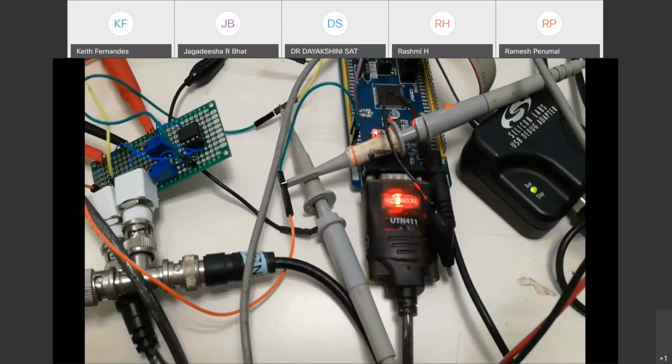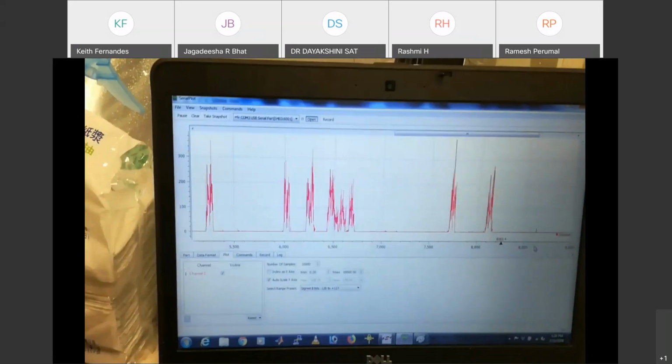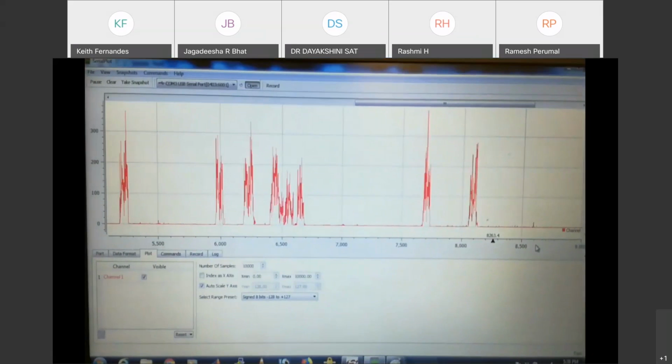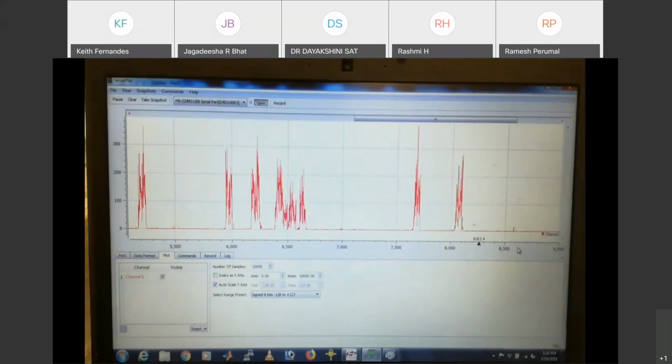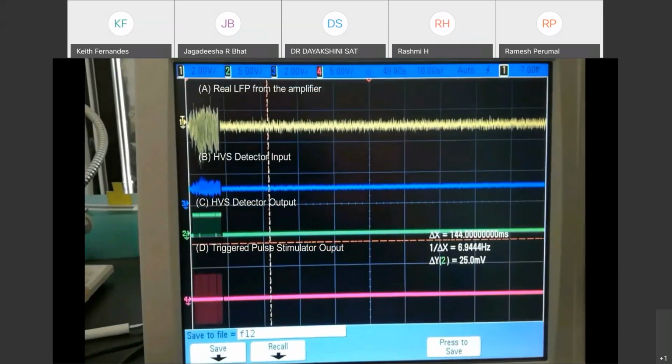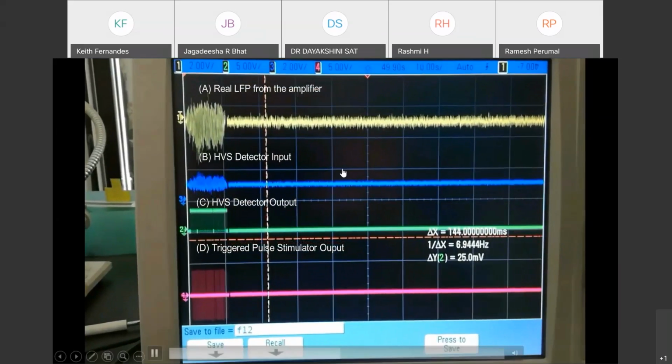The signal conditioner takes input from the raw LFPs. Here, the real-time computed bandpass HVS power is shown on the laptop. You can see the real-time detection performance of the offline learning algorithm here.